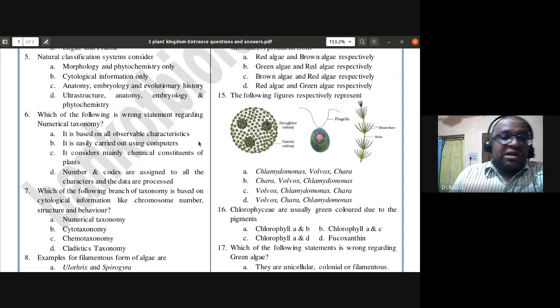It is easily carried out using computers, yes. It considers mainly chemical constituents of plants. This is a wrong statement because numerical taxonomy doesn't give priority to chemical constituents of plants. That is a different system of classification. If they give priority to chemical constituents of plants, it is called chemotaxonomy. So C is the wrong statement.